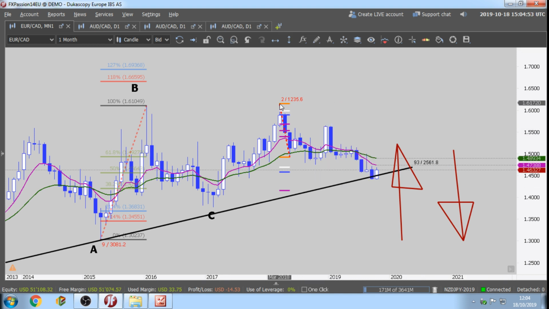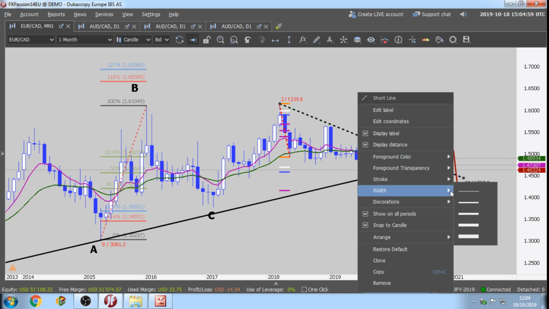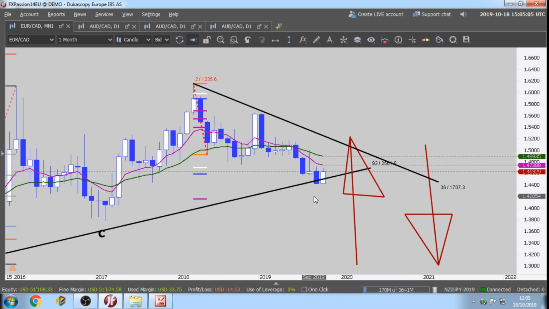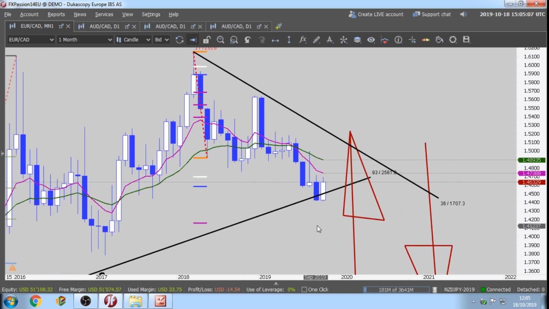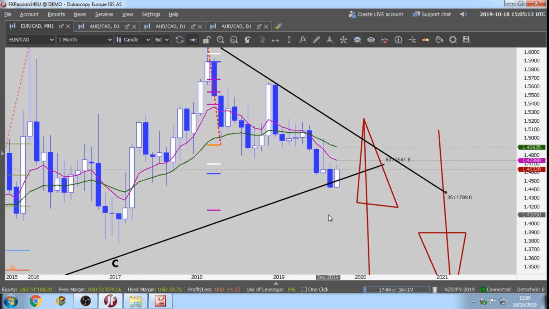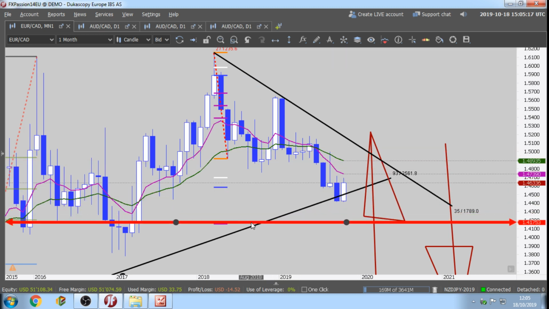I'm going to draw a counter trend line on the chart, a black one, something like this, right? So should I go short or should I wait for another retracement and short the market? Because the extension of the Contrarian Fibonacci is here.